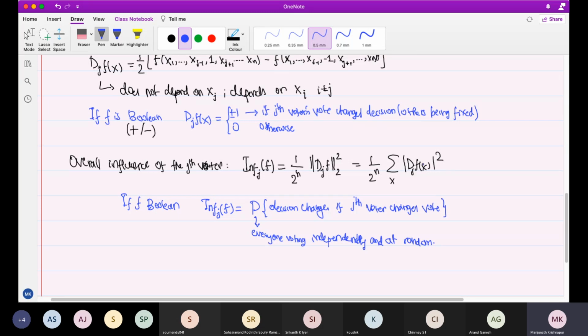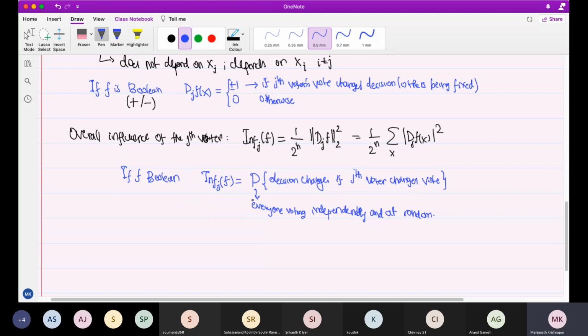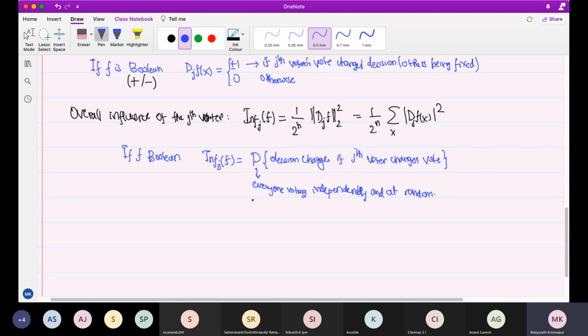Then this is just the number of those situations in which the jth voter makes a change. So it is the probability that the jth voter's vote actually changes the decision. A kind of question which is often asked: how does it matter if I go and vote? This is what measures your influence on the overall decision.